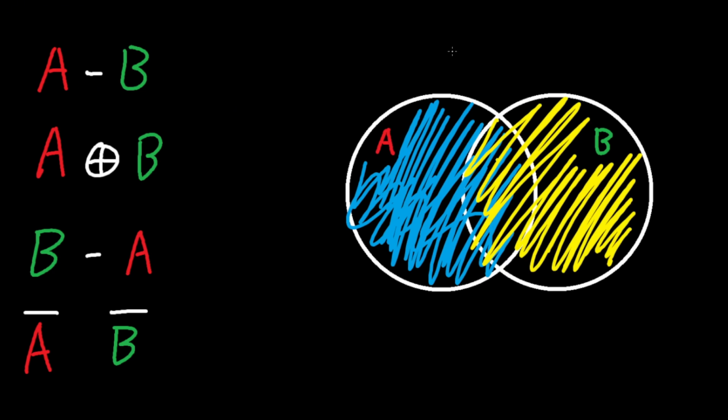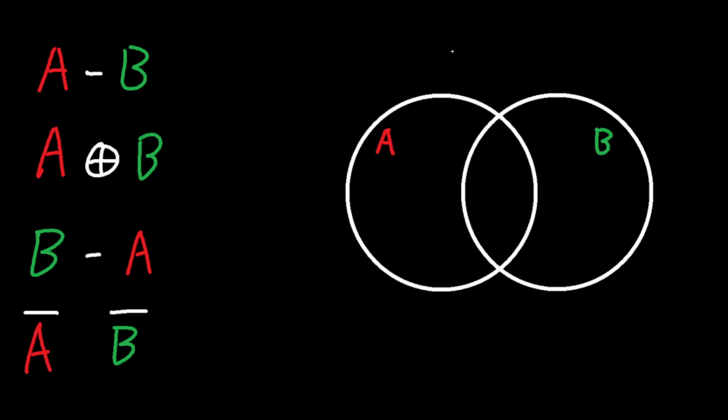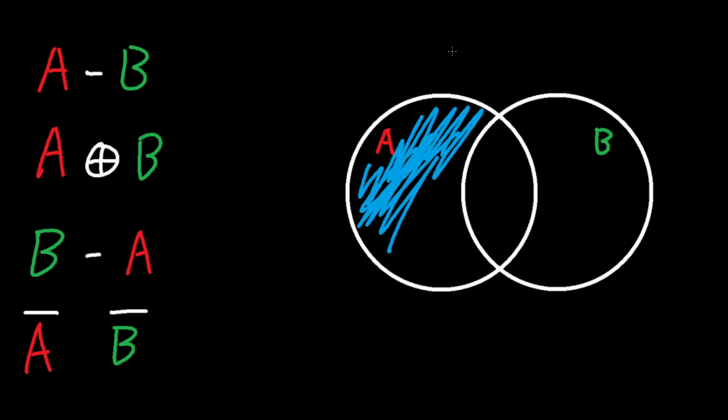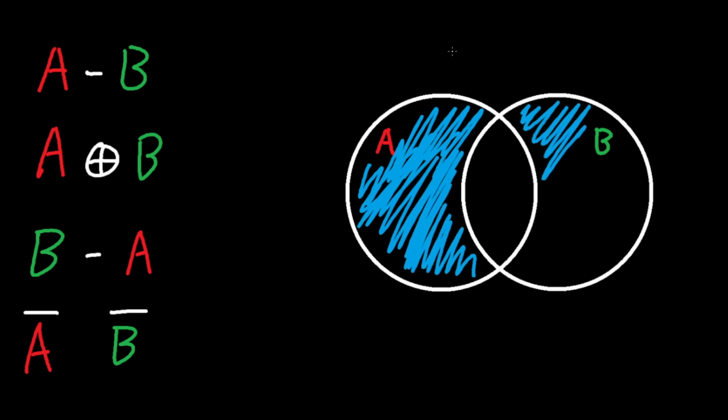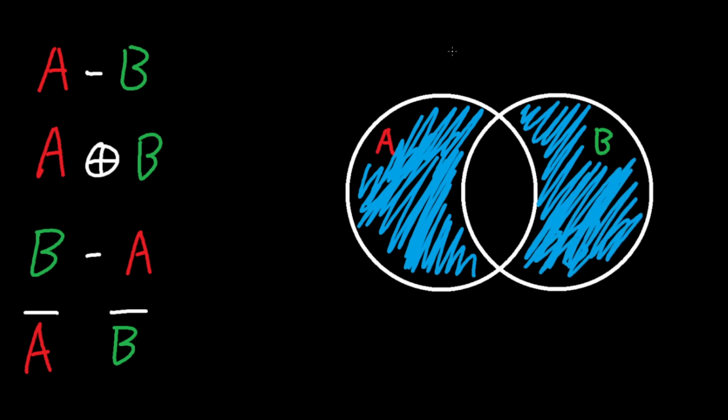So what part are you removing? You're removing this part where they share an intersection. Only where the coloring shares an intersection is what you erase. So if I were to make this look nicer and fill everything out, this would be A symmetric difference with B, or exclusive OR for you computer engineers.